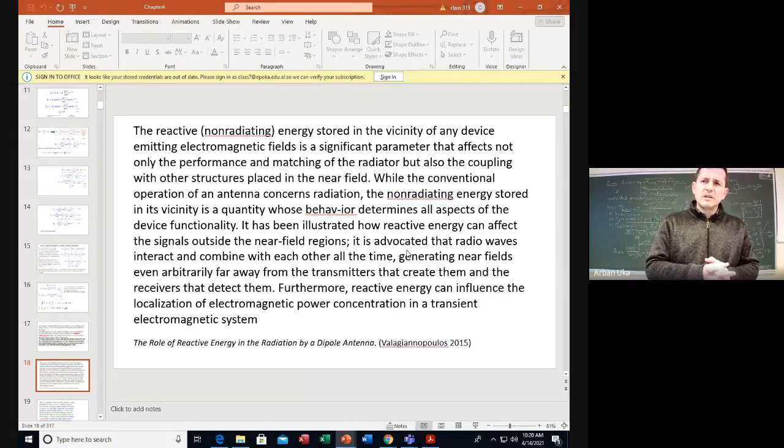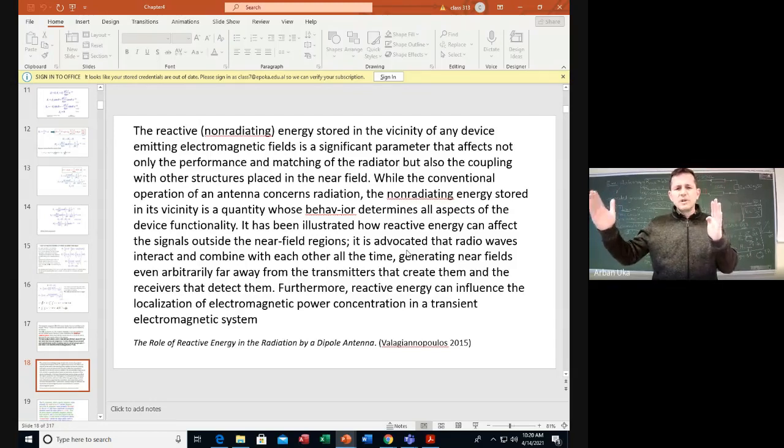But research has shown that this reactive energy is not relevant with regard to a receiving antenna, which can be located very far away from the transmitting antenna. So let's imagine we have a transmitting antenna and the receiving antenna is very far away. When we receive, it doesn't matter.